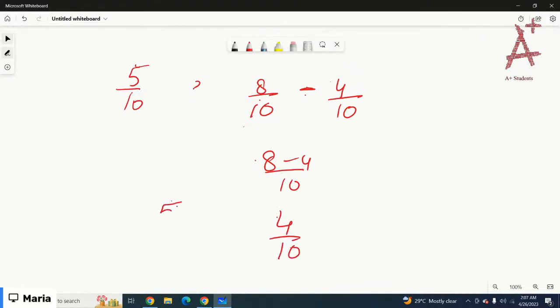You have to compare now 5 by 10 and 4 over 10. They have the same denominators, so just compare their numerators. So 5 by 10 is greater than 4 over 10.